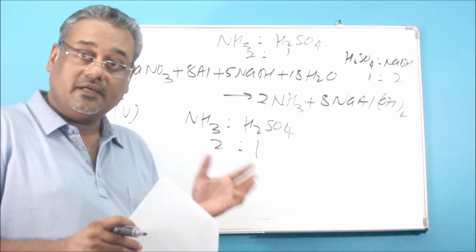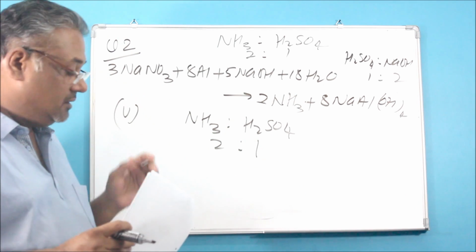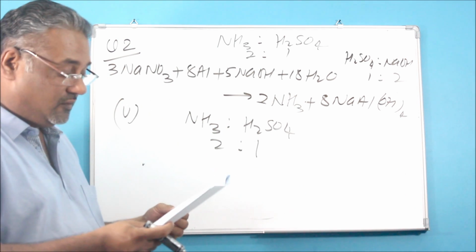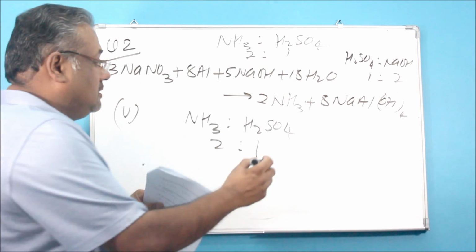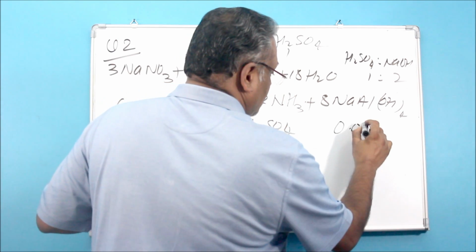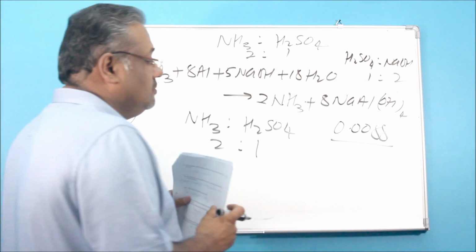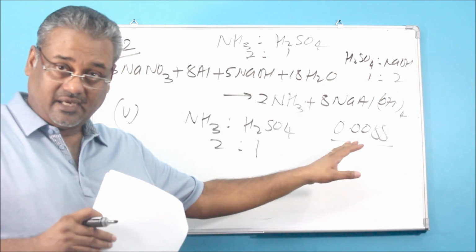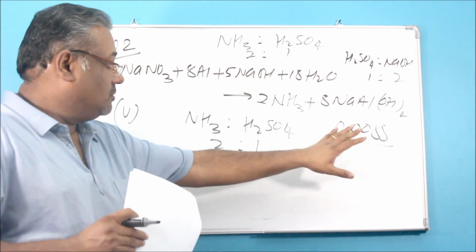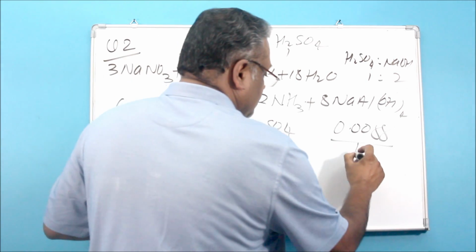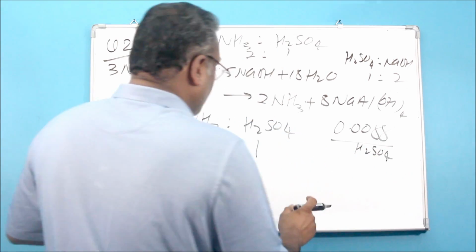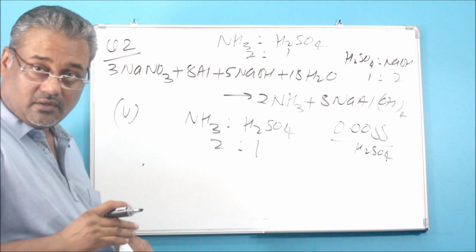Now for part 5 of this question, the question says, using your previous answer, try to find out how many moles of ammonia will react with the acid. Well, the answer that you got in the previous question, the 0.0088, that was the moles of H2SO4 that reacts with ammonia. Now we know the moles of H2SO4 that reacts, and we know the ratio between them from the equation on the previous page.